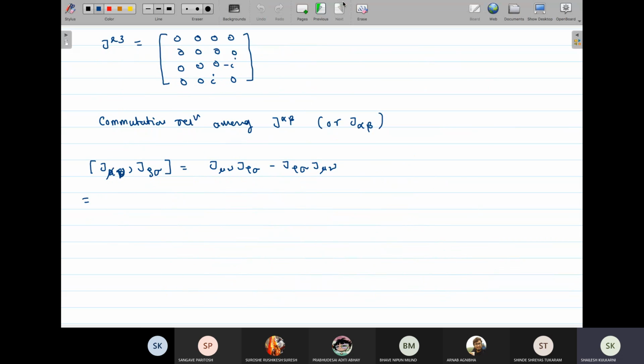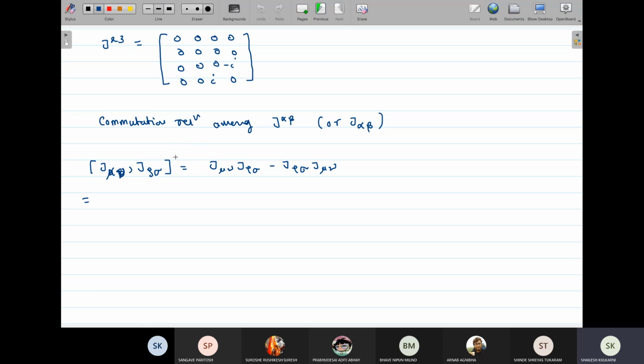So let us say that I want to calculate the commutator between J alpha beta and beta sigma. Basically if you give the indices to this, you will write here alpha beta and beta delta something.